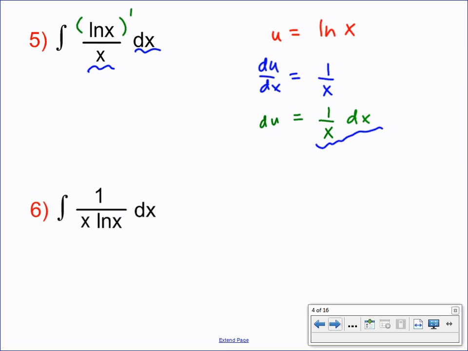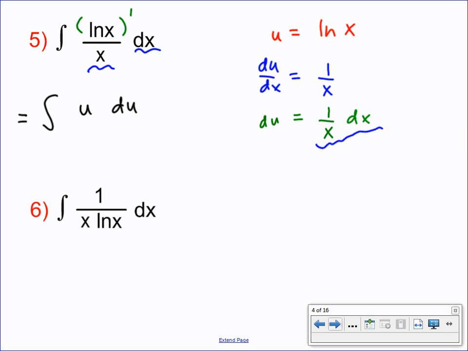And so if I were to make a u substitution for this and rewrite my original integral, not with x's, but with u's, I would get u to the first. Plugging in for 1 over x dx, I put du. And now it's easy to recognize what rule I would use. How would I integrate u with respect to u?